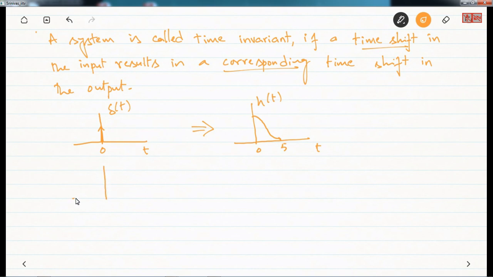And if I delay this impulse, if I apply this impulse at tau, then what should I get? I should get this entire output shifted by tau units. So this is tau plus 5.